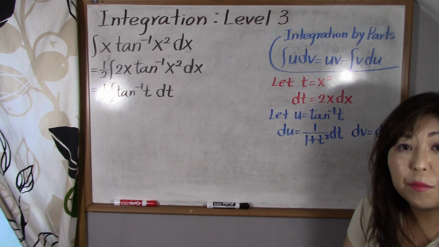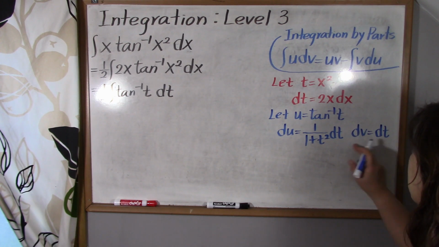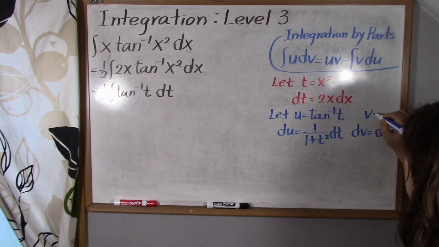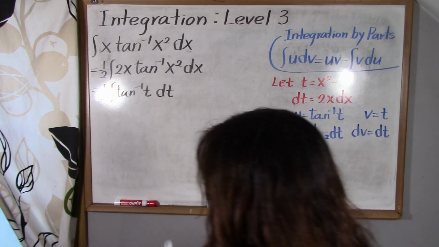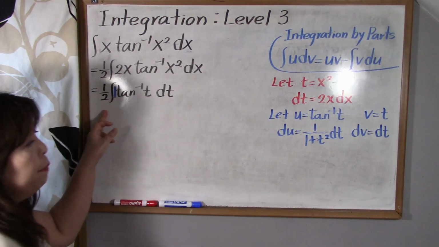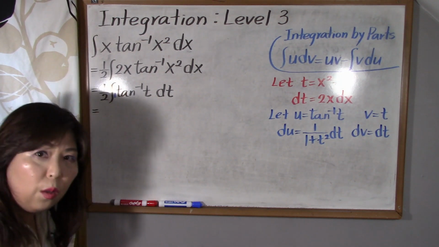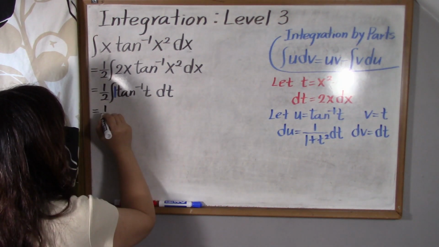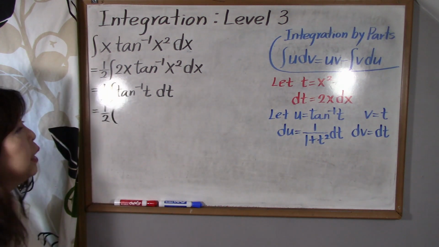Okay? So next, we're going to integrate this equation. That is v is equal to t. Now we're going to change everything over here. So it is equal to 1/2. I'm going to use parentheses.